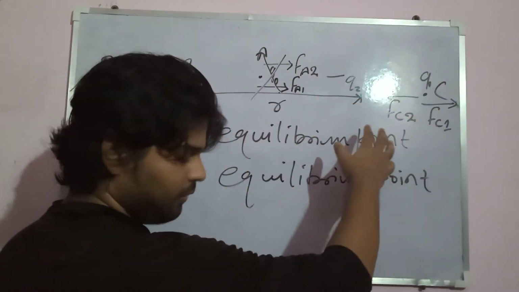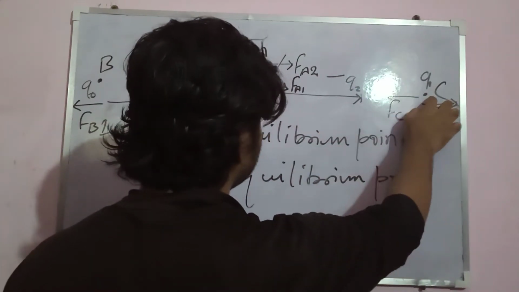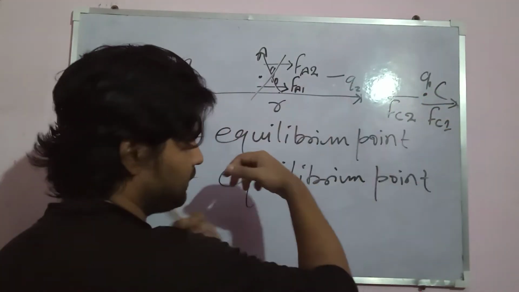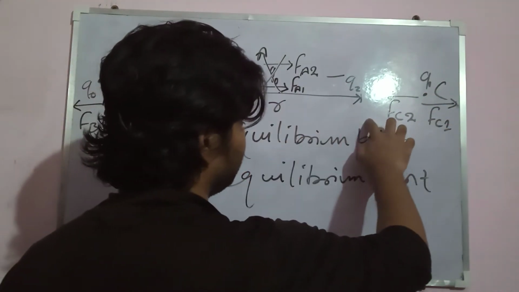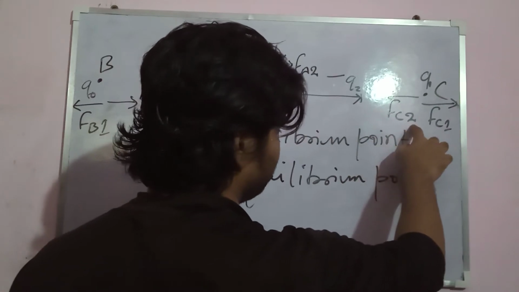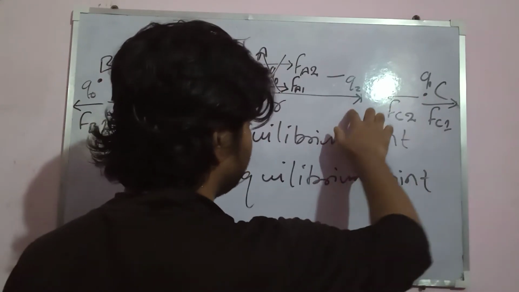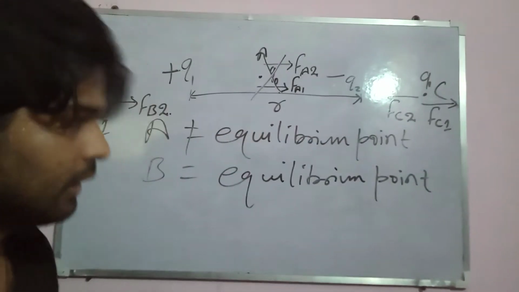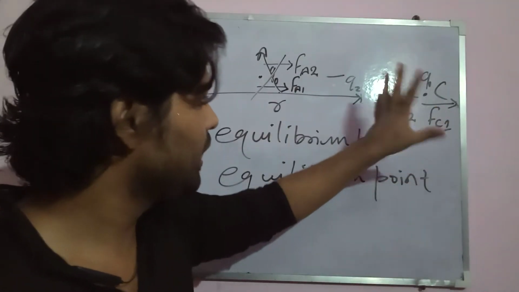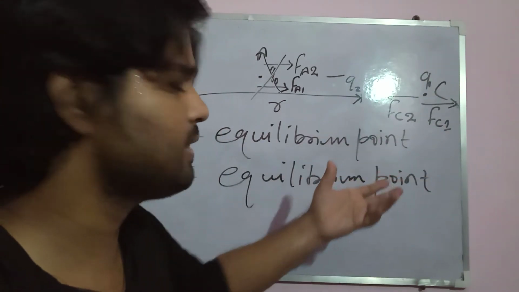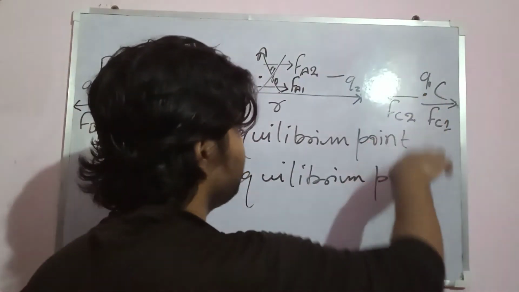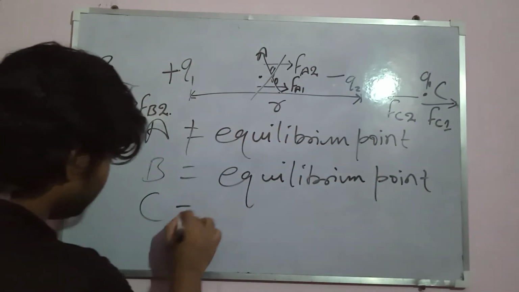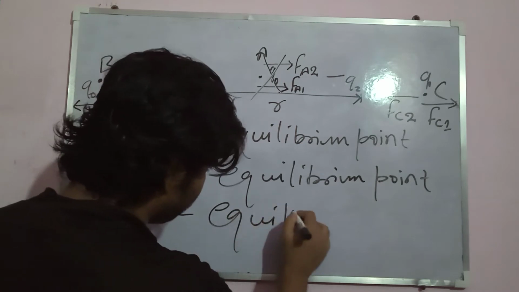Similarly, the force applied by Q2 on Q0 is attractive because Q2 is negative, so it attracts towards itself, and FC2 is the force by Q2 on Q0. These two forces are in opposite directions. So if the magnitudes are equal, they produce an equilibrium point. This means C might be an equilibrium point if the forces are equal there. So C is also a possible point of equilibrium.